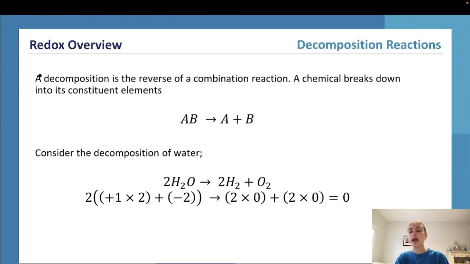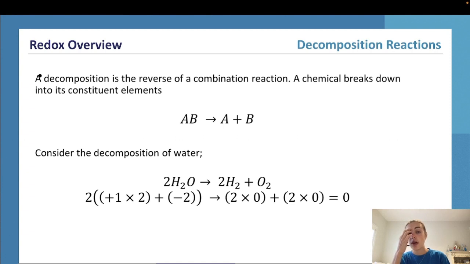Our next one we can look at is the opposite of that, so that's our decomposition reactions. So a decomposition reaction occurs when a chemical compound breaks down into each of its constituent elements. So we can see here we've got AB makes A plus B. So essentially they've just been separated down into their constituent parts, and typically these are just the opposite of your combination reactions.